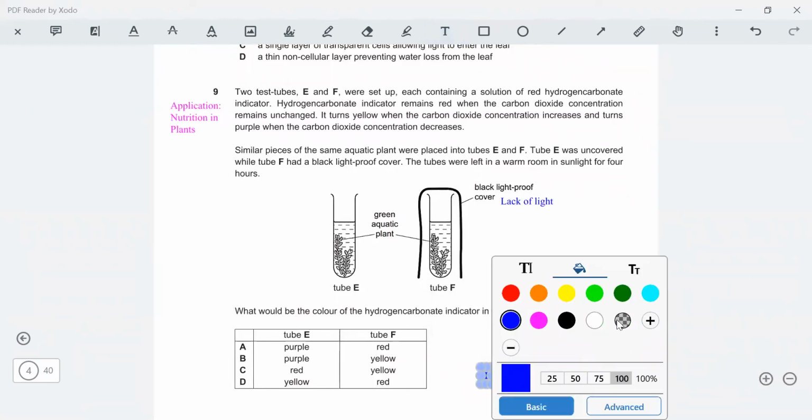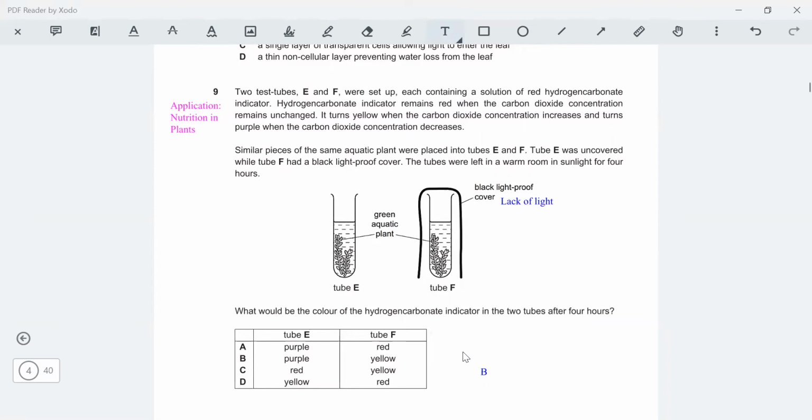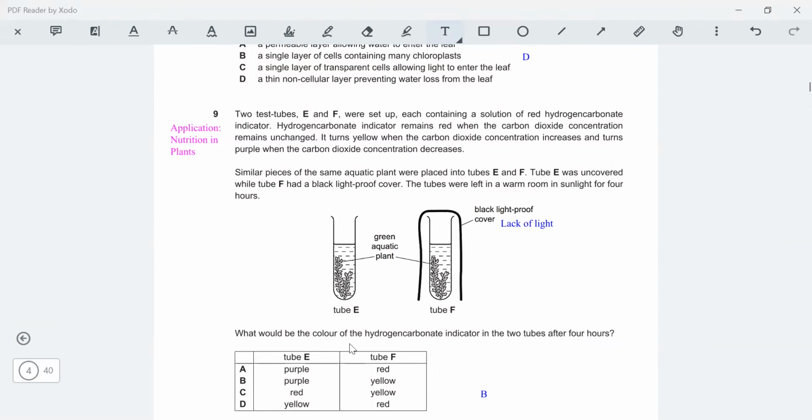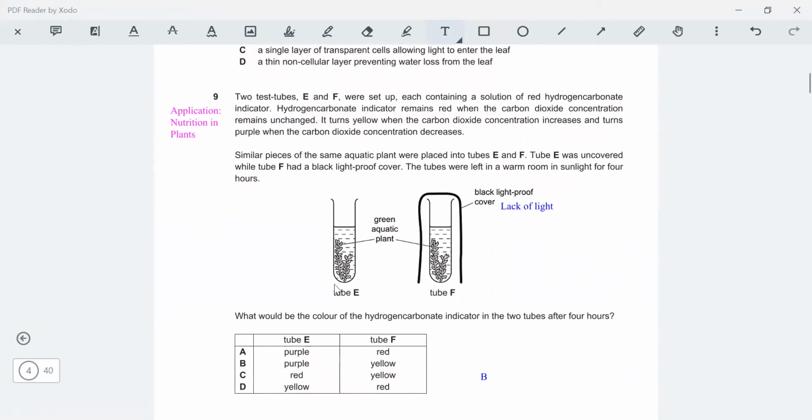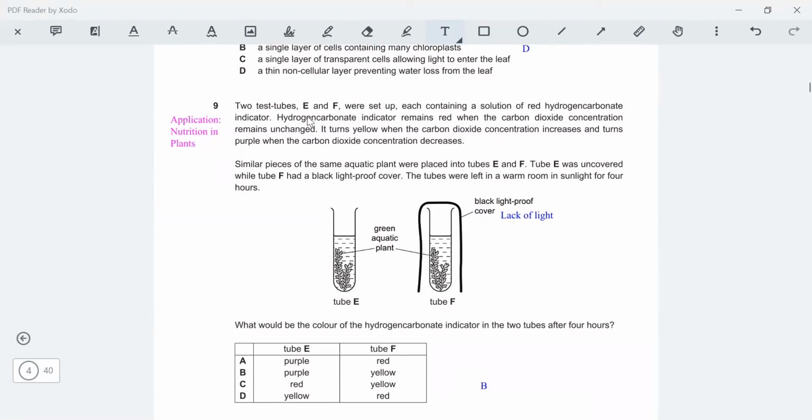The answer is B. Because when CO2 concentration decreases, O2 increases due to the process of photosynthesis, hence E turns purple, but F only turns yellow when carbon dioxide concentration increases, which is respiration.